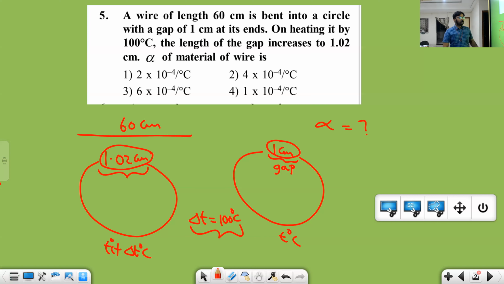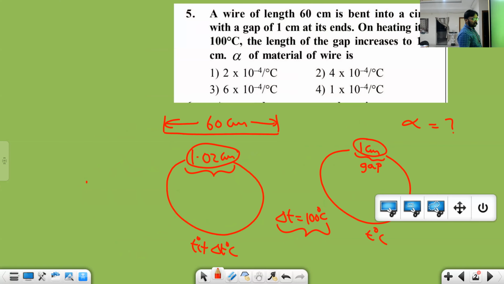This we have to take. You need not take the total length here, because the discussion is about when it expands, the gap has increased. So our discussion has to be within this gap information only.